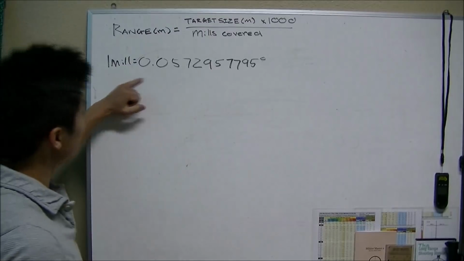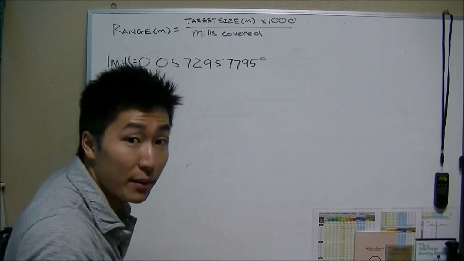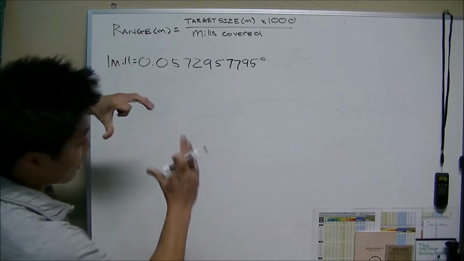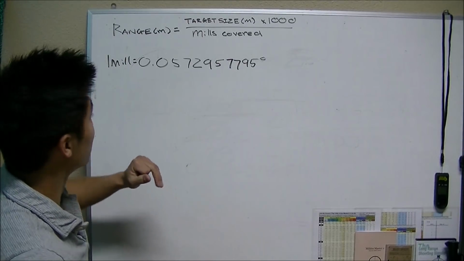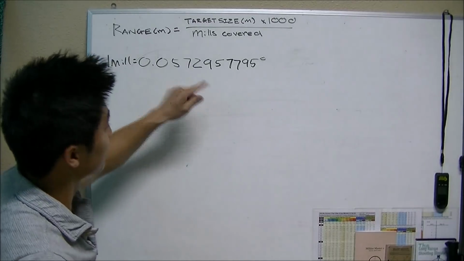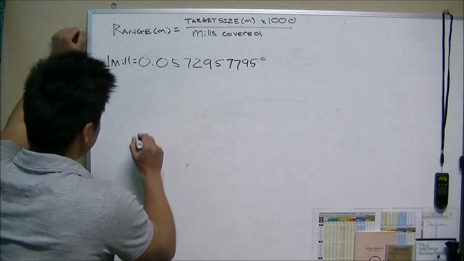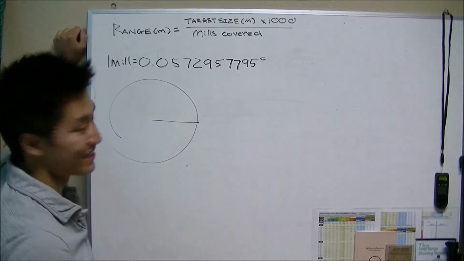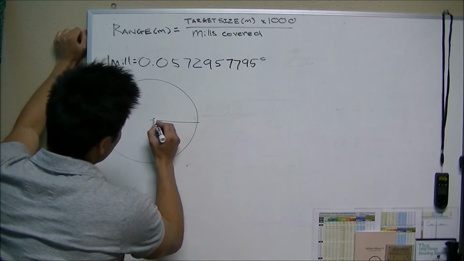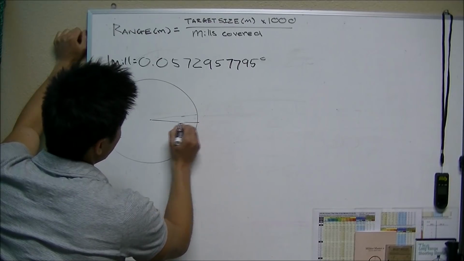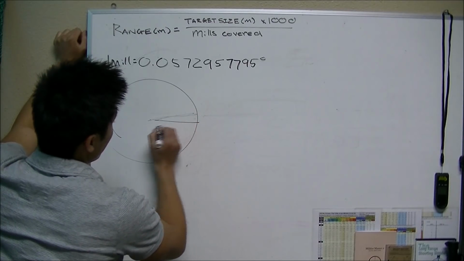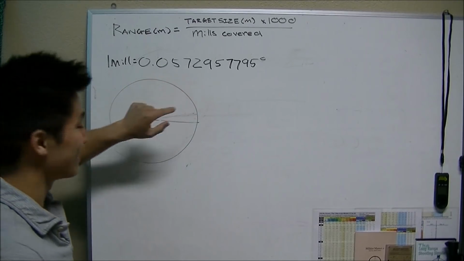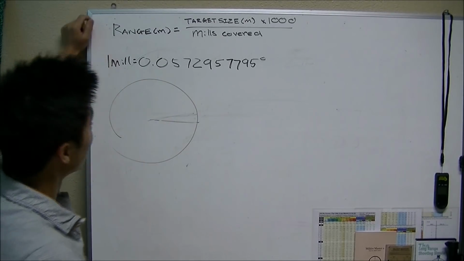And because it's so small, we're just going to do a trigonometric approximation, right? So we remember that circle that we had there? We're basically looking at 0.057 degrees of it. So let me just draw a little circle again, and this is not to scale, but we're just basically taking this tiny little segment of it right there, and that's supposed to be 0.05729 degrees, so it's not to scale.